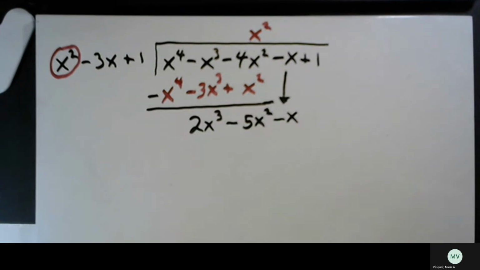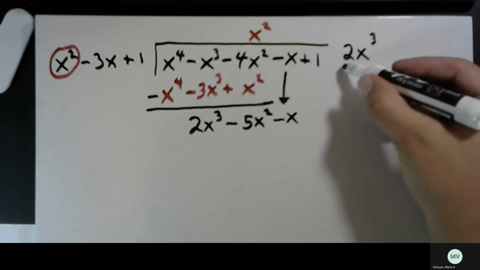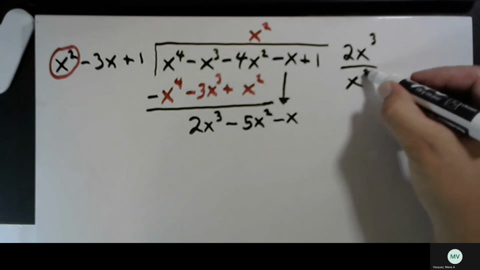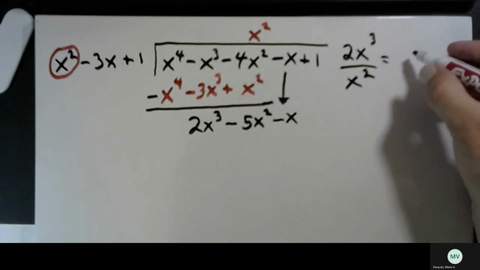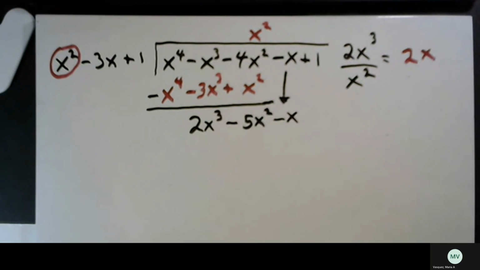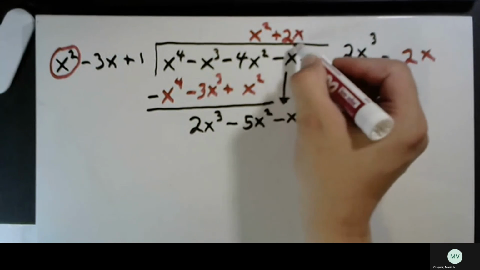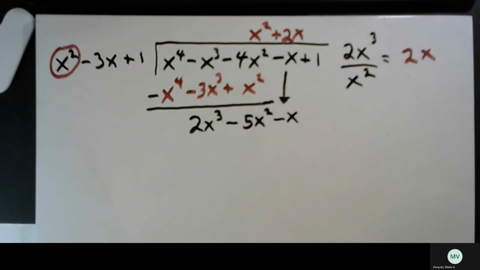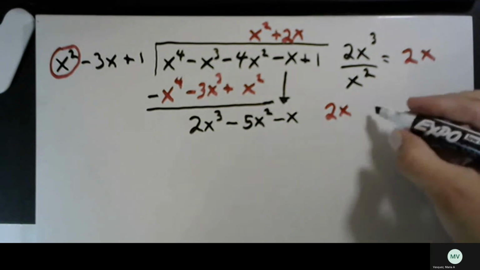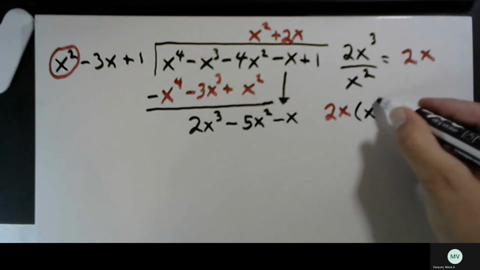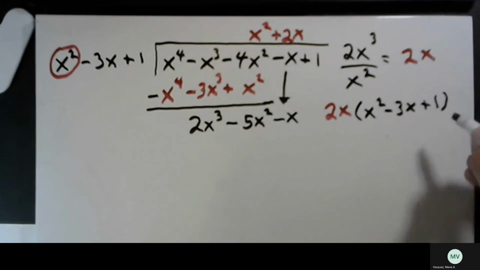So now again, we work with first terms. And that's going to be 2x. So it's a positive 2x. So you go plus 2x in the sort of the x column here. And we take 2x times x squared minus 3x plus 1.